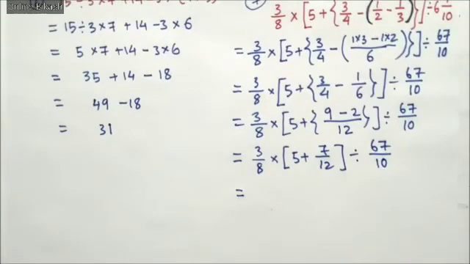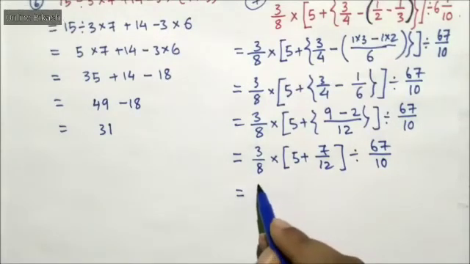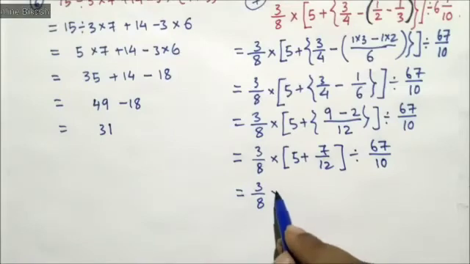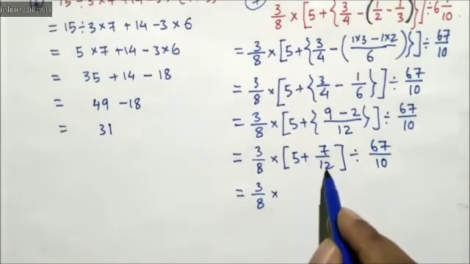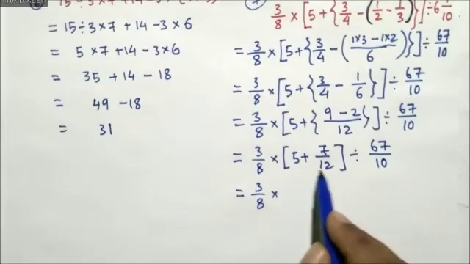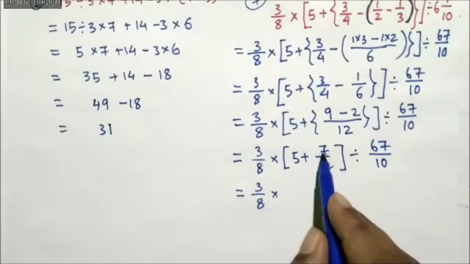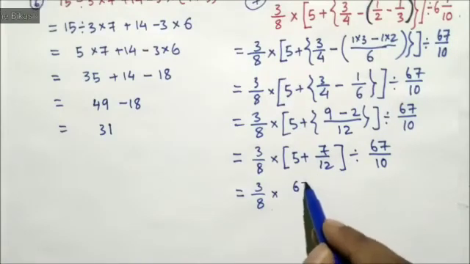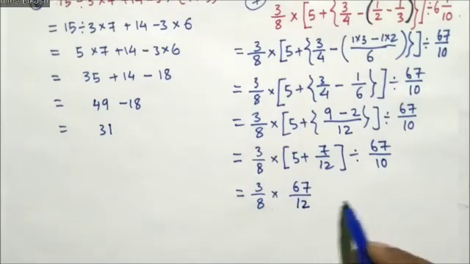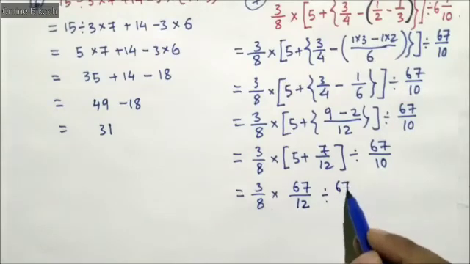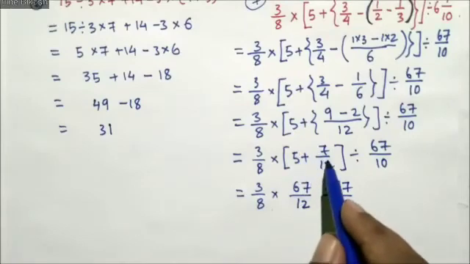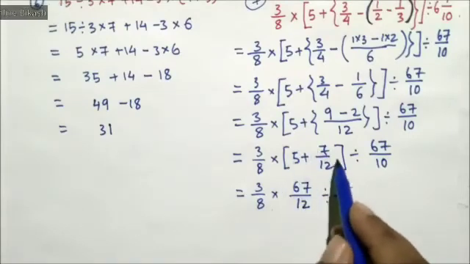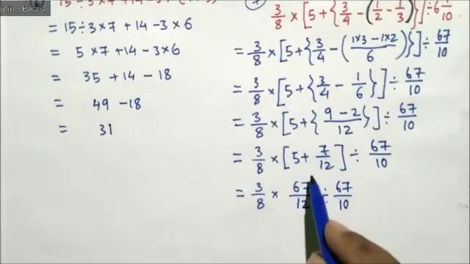Now 3 by 8 into, what can we do with this one? Very simple, 12 5s are 60, 60 plus 7 is 67, so 67 by 12, divided by 67 by 10. I have done this 5 plus 7 by 12 in a short method.